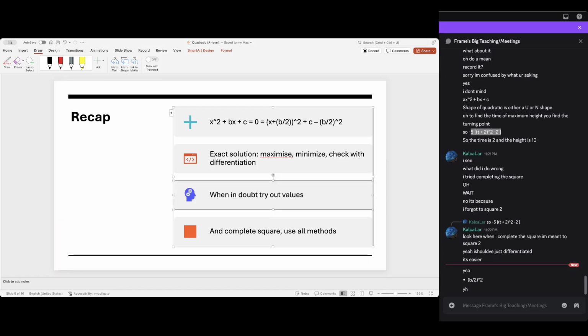You just check with differentiation, or differentiation and completing the square. Use all methods. You can try to think of whatever methods you can use. It's a good intellectual exercise, even if there's not much academic value.